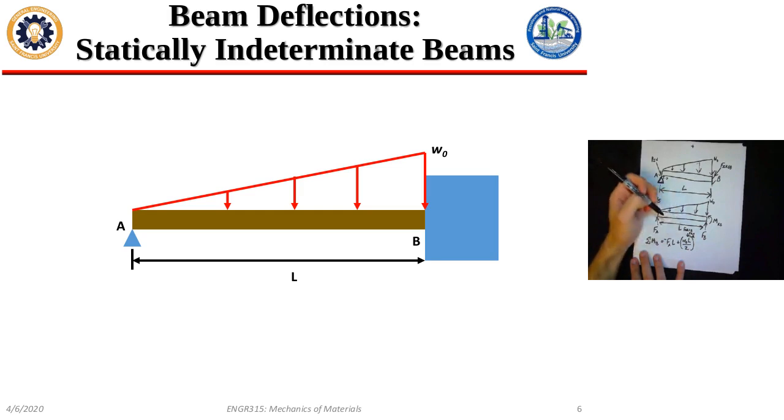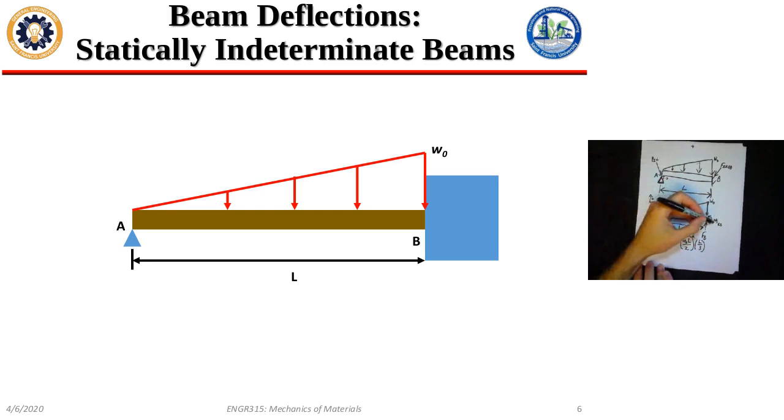Okay, and then that force is acting at how long of a moment arm? 1/3 from B. Right, the centroid of a triangle is 1/3 from its longest side, so it's going to be 1/3 L from B. That's creating a positive moment.